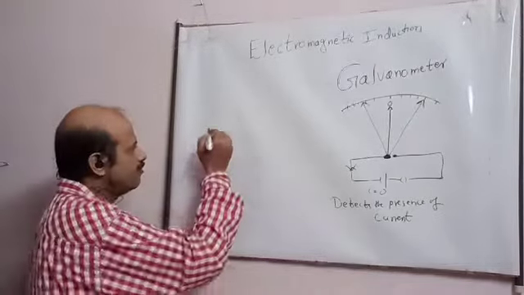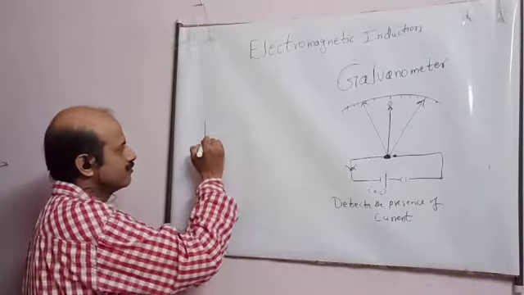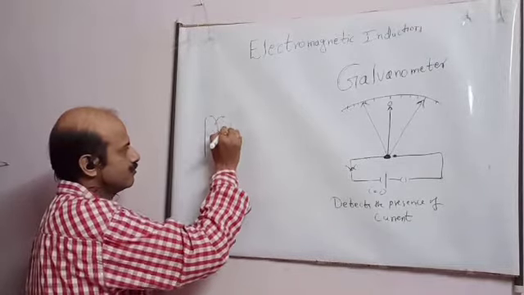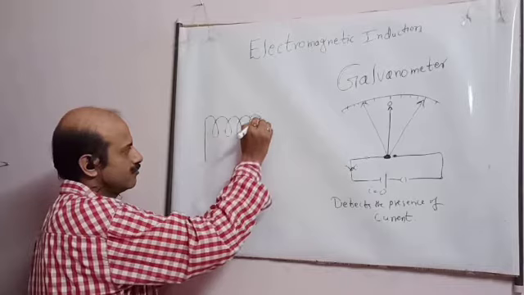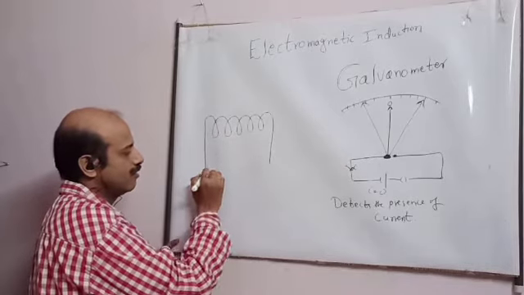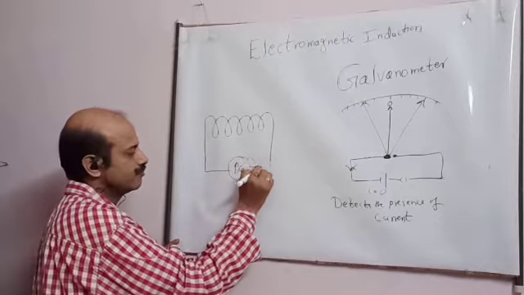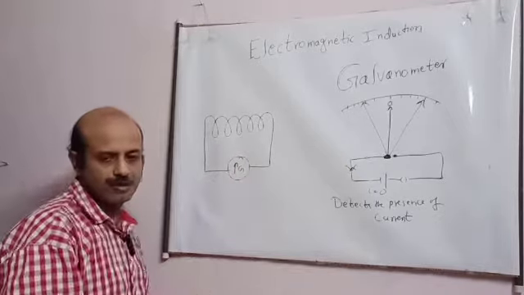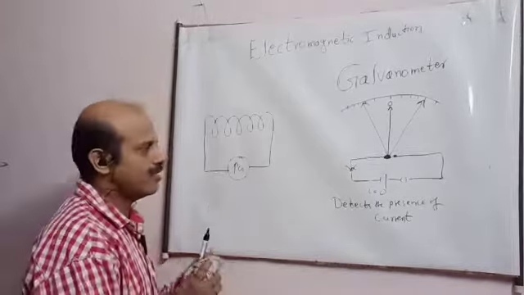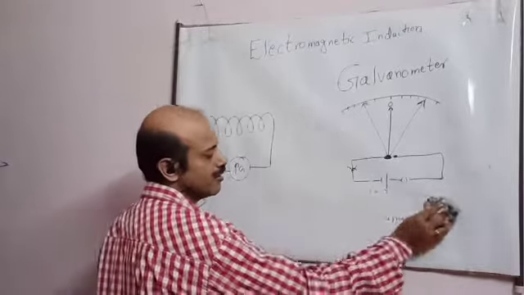Now student, we have a loop like this, and I have connected a galvanometer with it. Now there is no current in this circuit, so the galvanometer will show zero deflection.